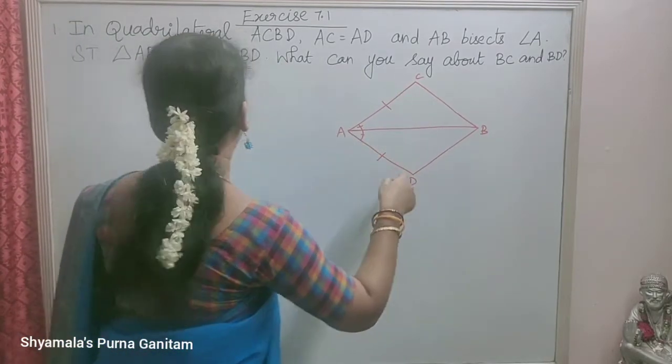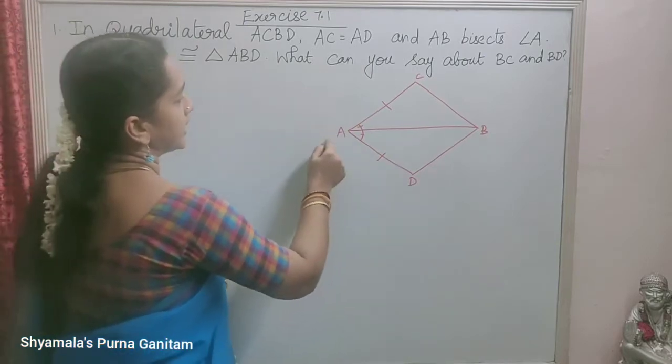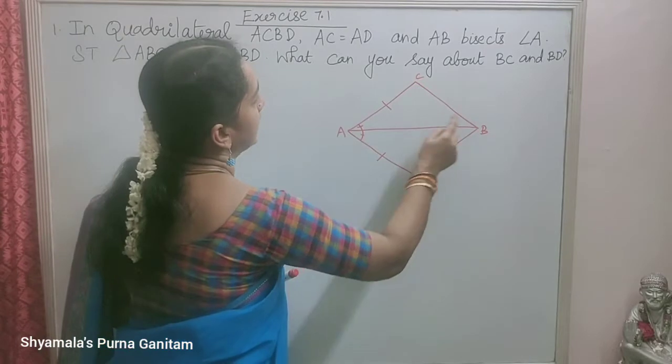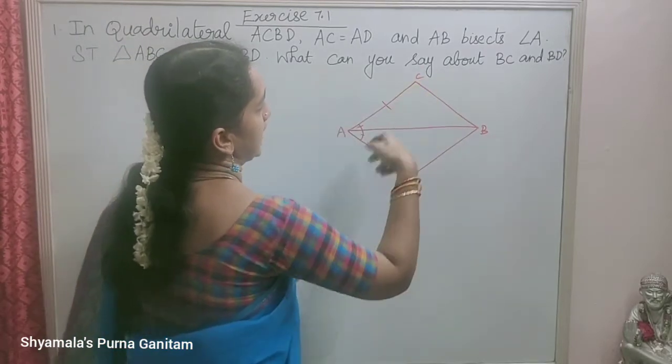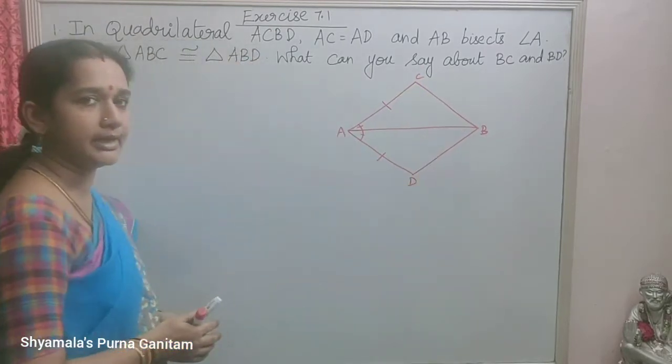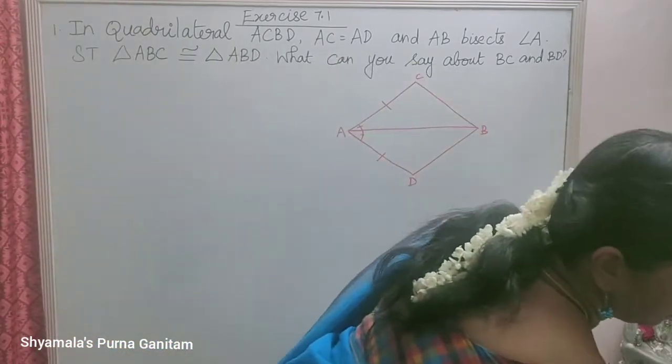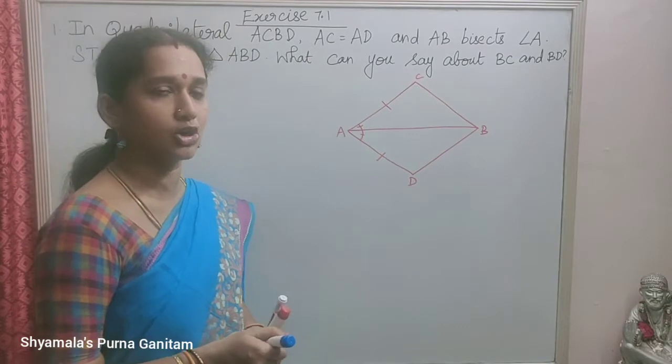Show that triangle ABC is congruent to triangle ABD. What can you say about BC and BD? Simple sum only. So this is an application of the previous ASA congruency.